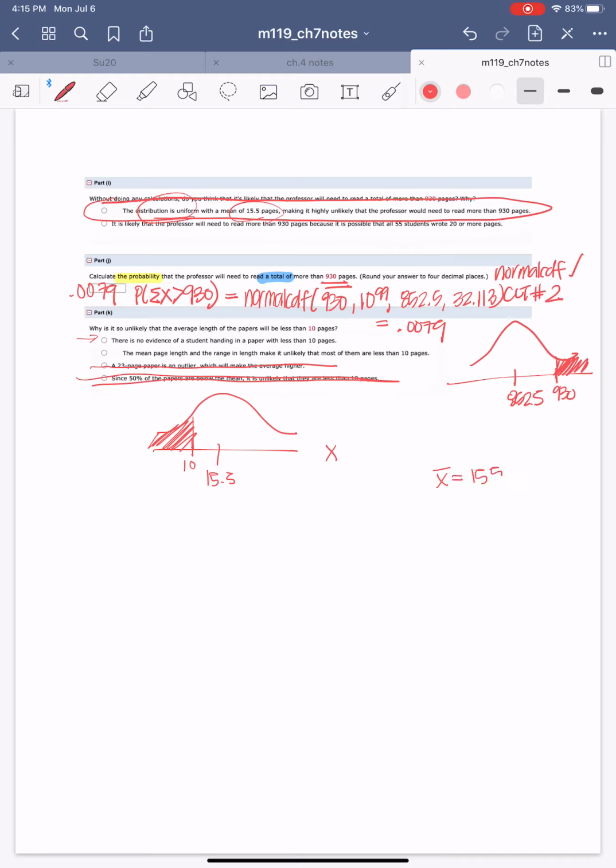15.5. The range was 23 take away 8. Remember, the range is the max minus the min. So 23 take away 8 will give you 15.